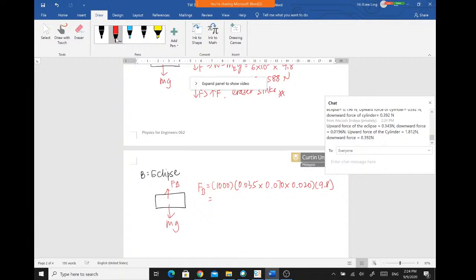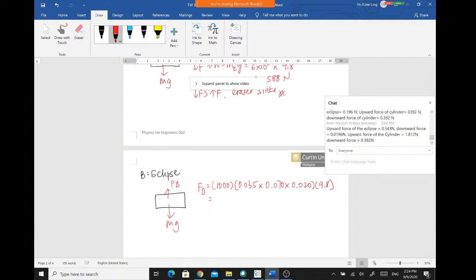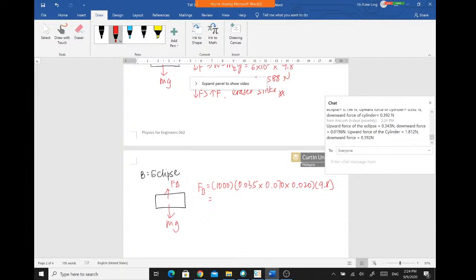Somewhere, wait. The upward force, my calculation is around 0.4 something. You get 0.343.